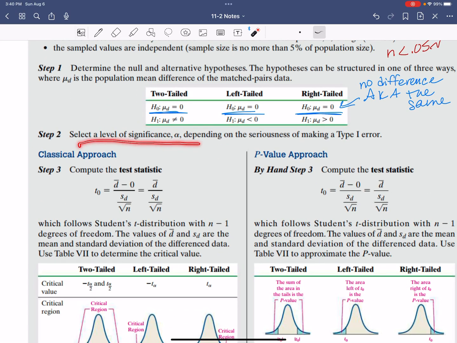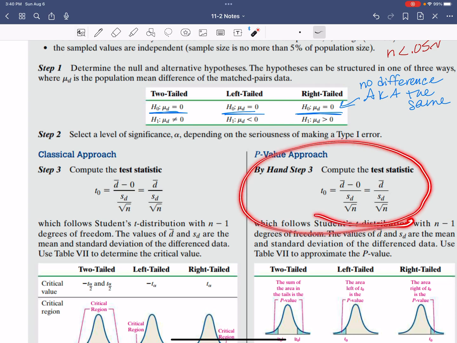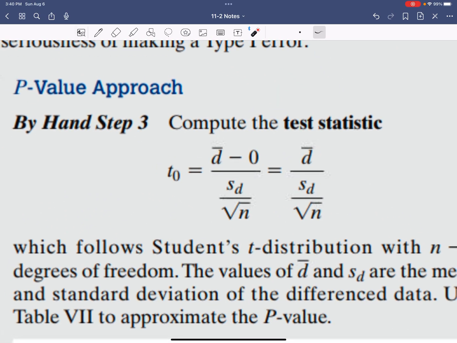We're still going to have our level of significance depending on type 1 error. Here is the test statistic. I want to show you a couple of things associated with this. My difference of 0, what does this mean? What if I were to write x bar here? That's the sample mean.